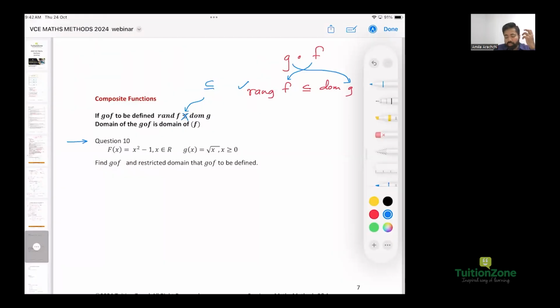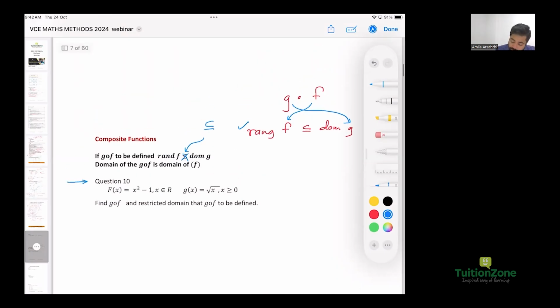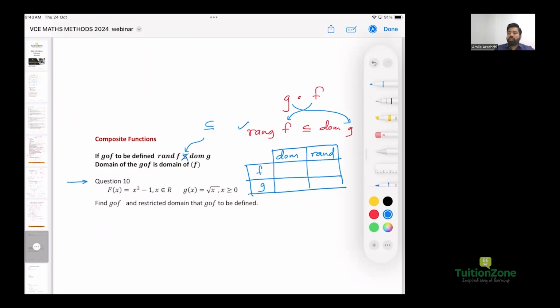To do these questions, the first thing I'd like you to do is make a little table for the domain and range of f and g. I'll draw it here, you can complete it. This is your domain, that's your range, for f and g. First, fill up the table.